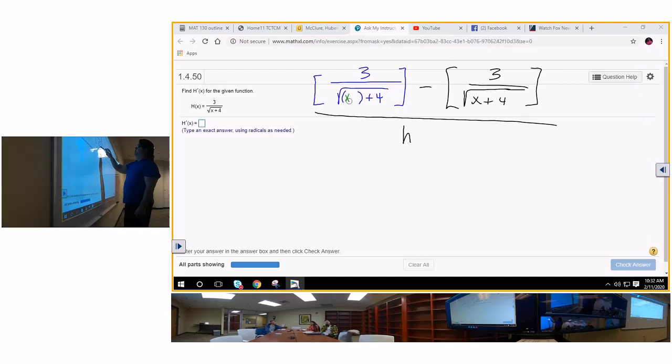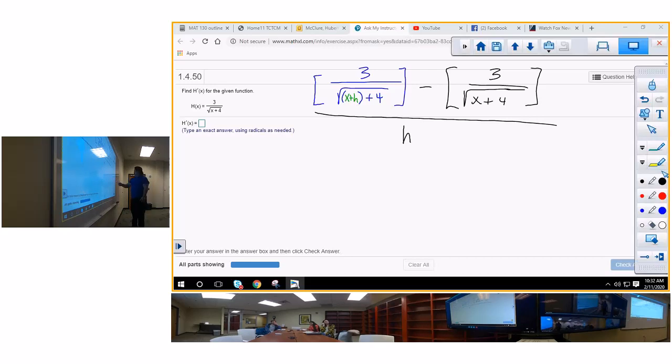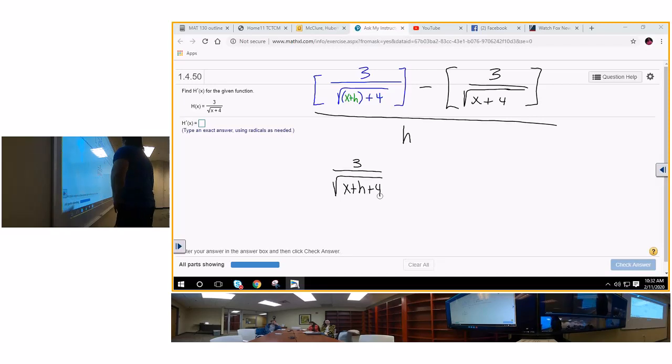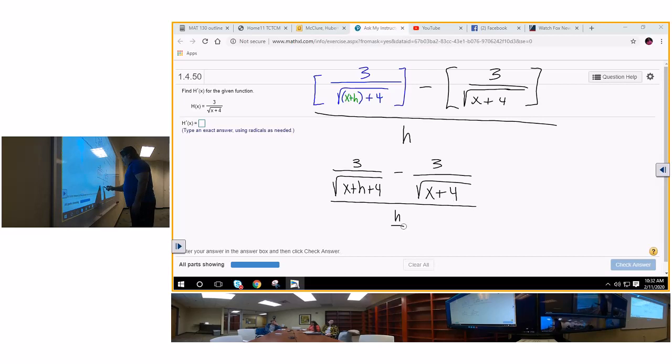So I'm going to put an x plus h right here. And now I've got the following. I've got 3 over square root of x plus h plus 4 minus 3 over the square root of x plus 4 all over h over 1.